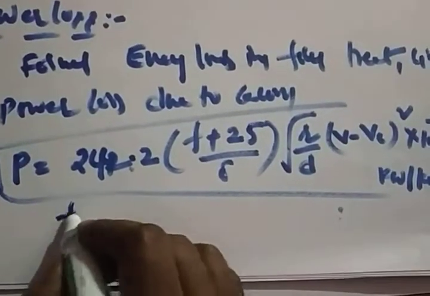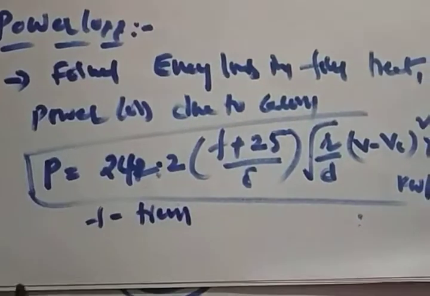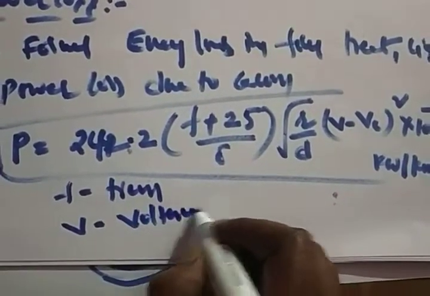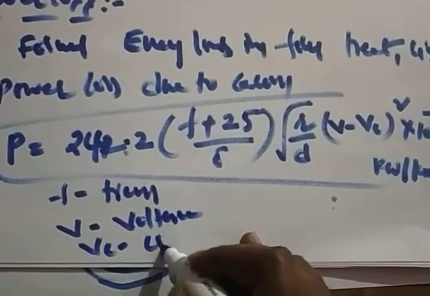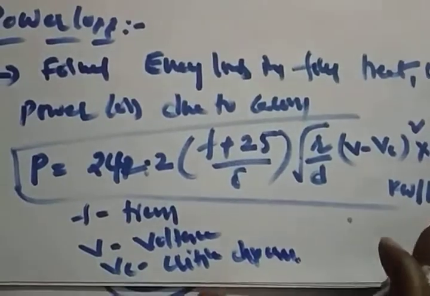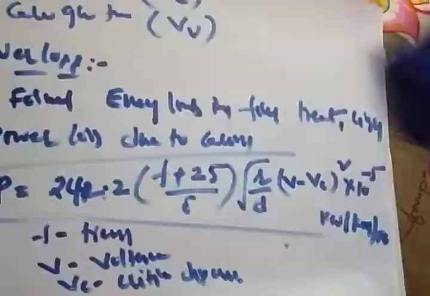You know f is nothing but frequency, so definitely the corona also depends on the frequency. V is the voltage that you apply. Vc is the critical disruptive voltage. These types of energy losses will affect the surrounding communication lines and radio interference lines.